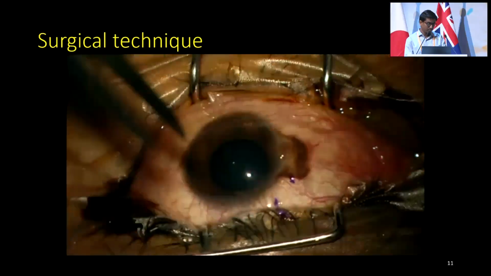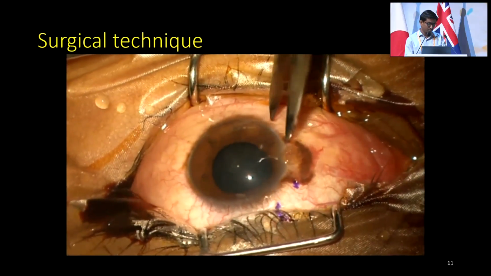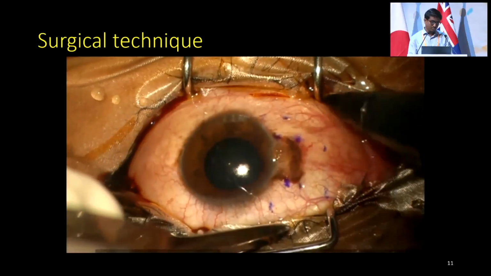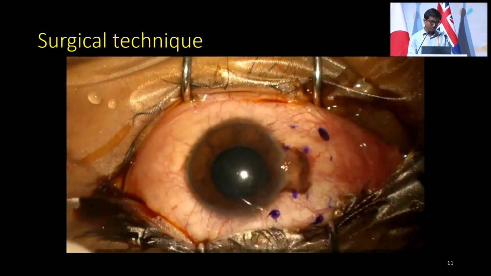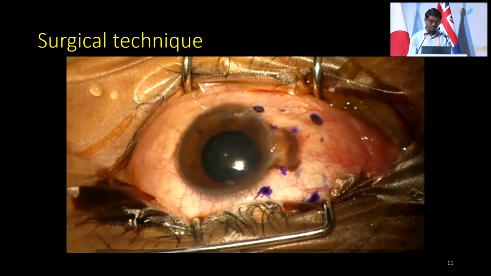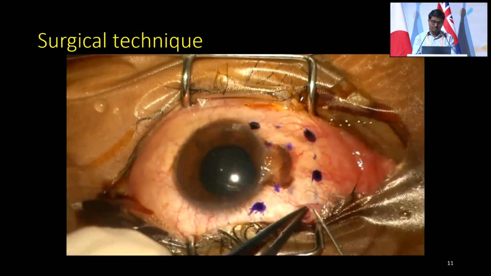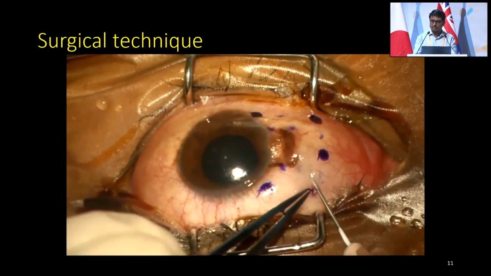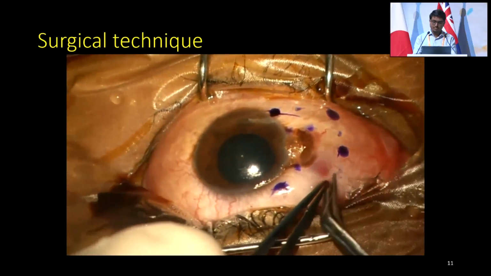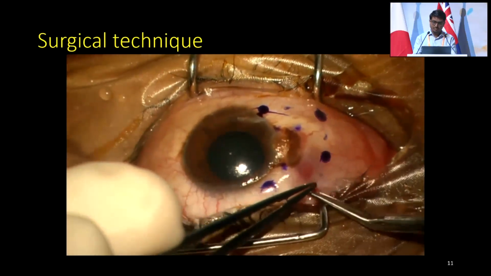A 4 mm border is marked all around the outer boundary of the OSSN on the conjunctival side using calipers and a marking pen. A subconjunctival injection of saline is given underneath the lesion to facilitate dissection.